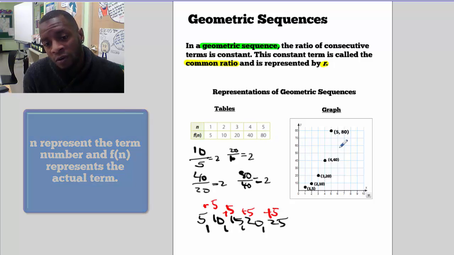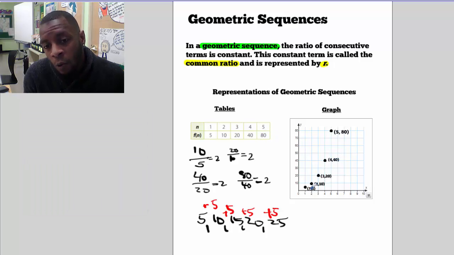Or we could see them in a graph, where we're given coordinate pairs like (1, 5), where x represents the number of the term and y represents the term itself.